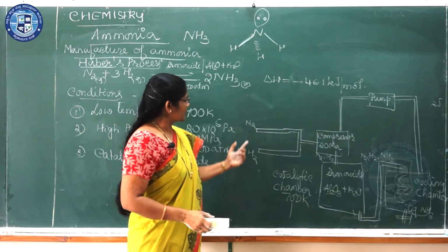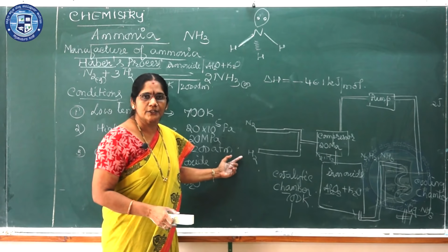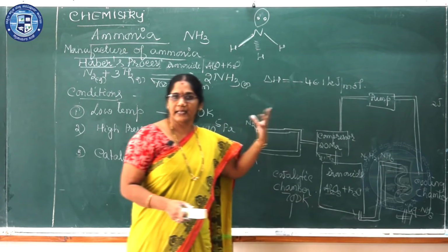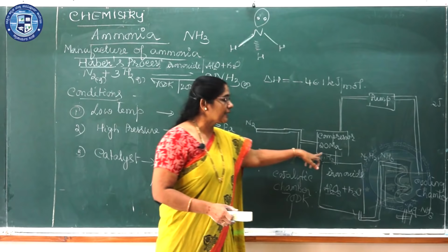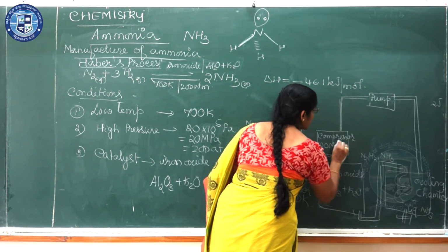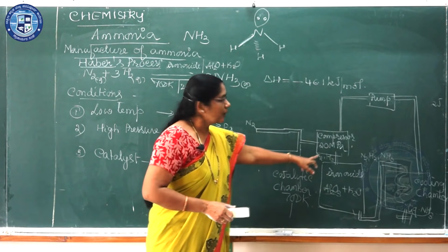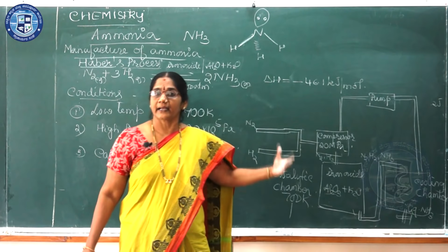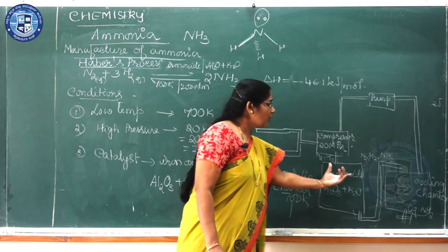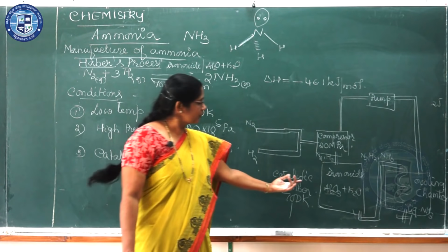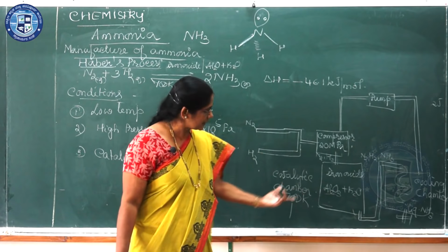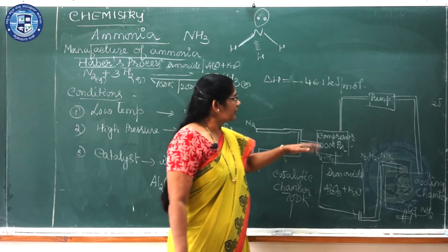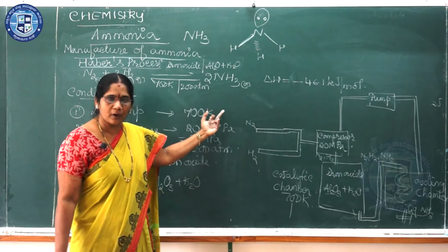So, nitrogen and hydrogen in 1:3 ratio by volume are passed into a compressor where the gases are compressed to 20 megapascal pressure or 200 atmosphere, and under pressure these gases are made to enter the catalytic chamber, where iron oxide along with the mixture of these two oxides is kept in shells, and the temperature is maintained at 700 Kelvin. The reaction begins and ammonia is formed.